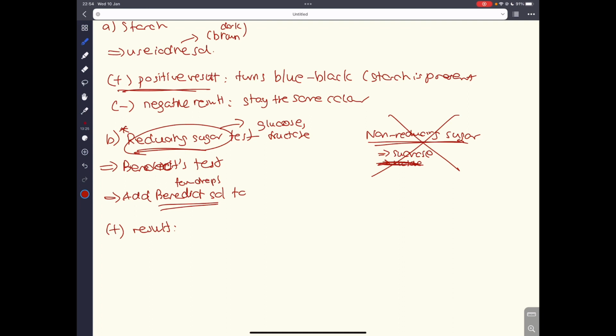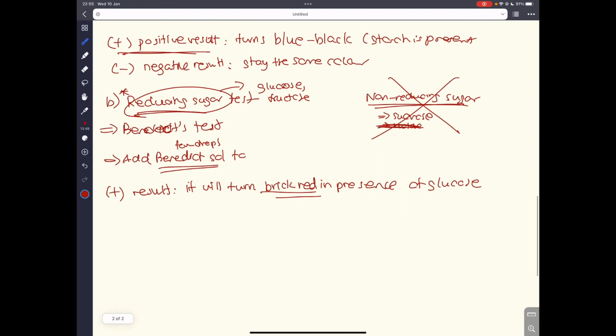Let's have a positive result. If the reducing sugar is present, then it will turn brick red in the presence of glucose. Now, note that if you try to do the experiment yourself, you will see that the Benedict's solution itself is blue in color.